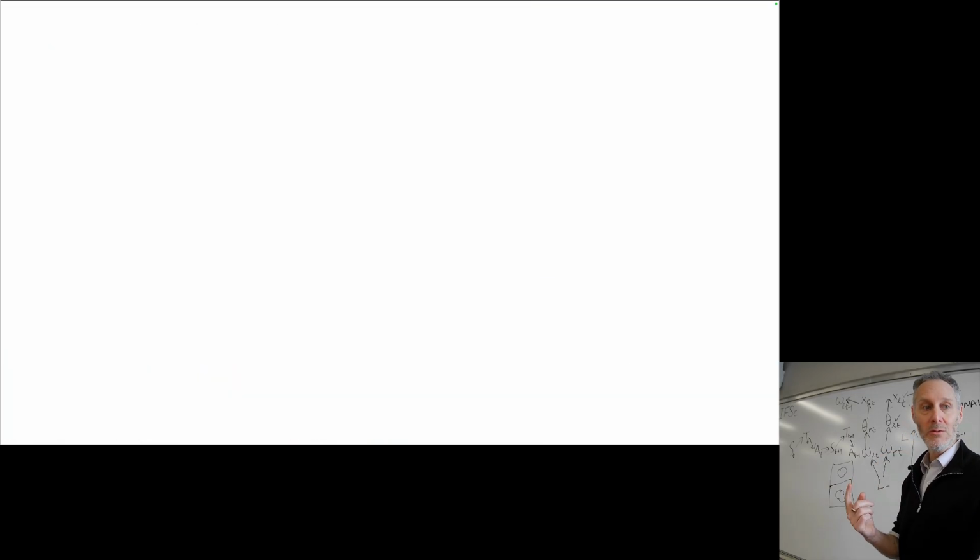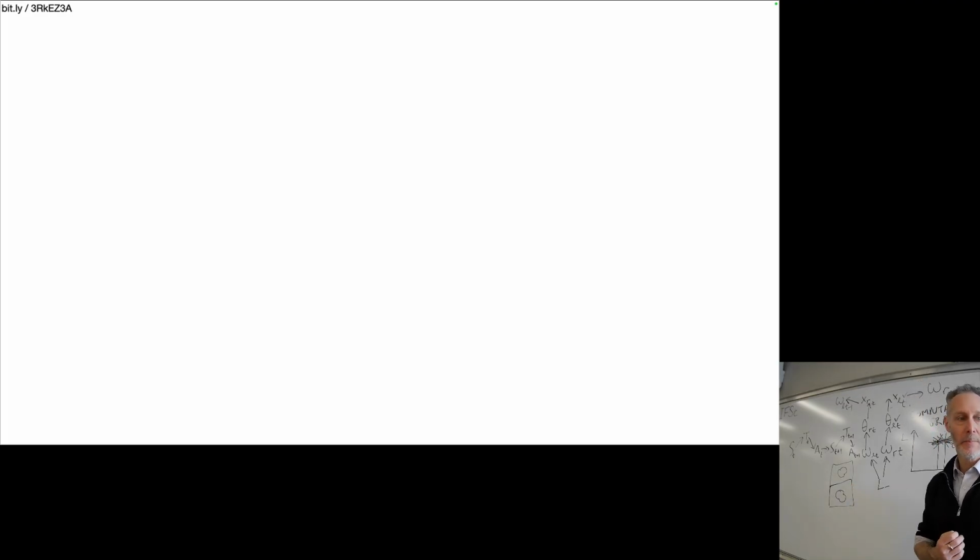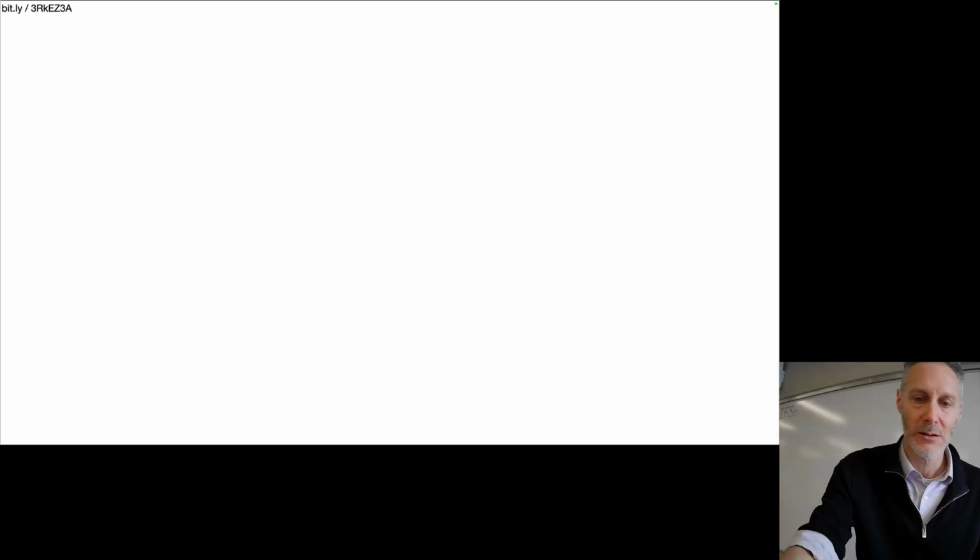So get out your phone and point it to this URL. Sorry if it's so small. I keep meaning to make a QR code. I haven't got around to that yet. So direct the browser on your phone to that URL, which is bit.ly as always, good old bit.ly.